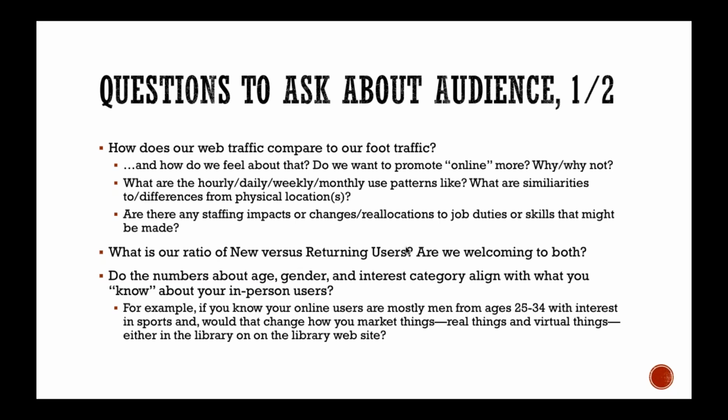One example I can give you here, and one thing you may notice is one thing you might think of, especially if you're a director, skipping down to that third subpoint there. Are there any staffing impacts or changes or reallocations that you could make once you start looking at these numbers? When I first arrived in Colorado, I worked at University of Colorado, Denver, and we noticed that our web traffic and our foot traffic were almost identical.